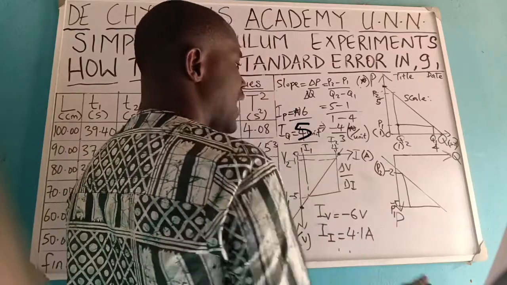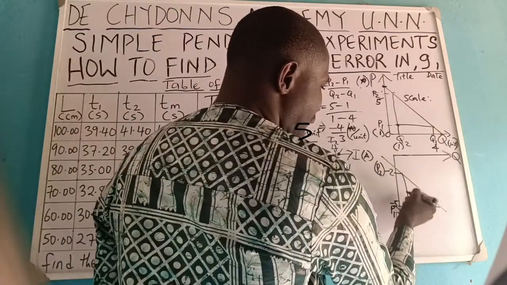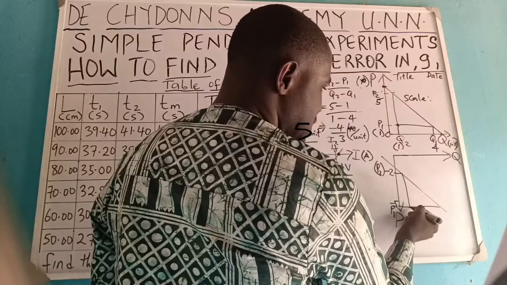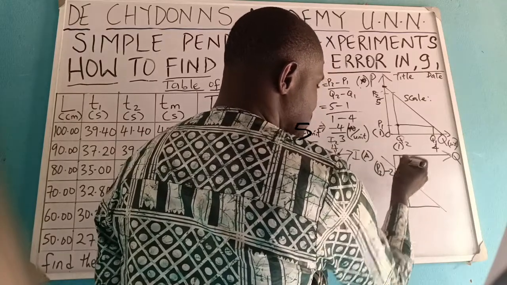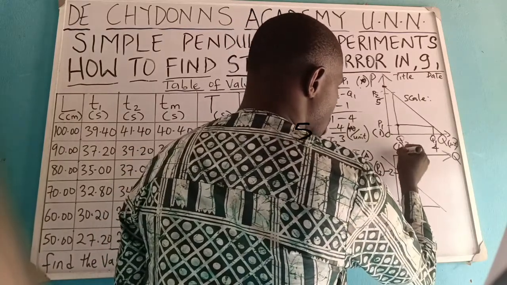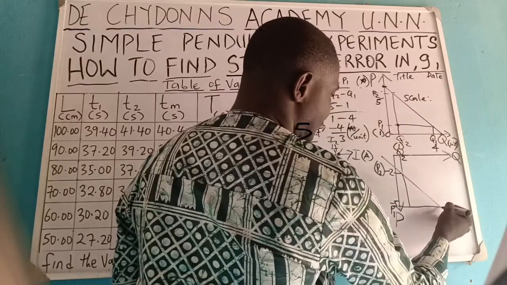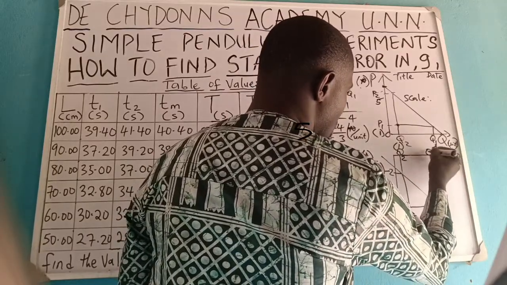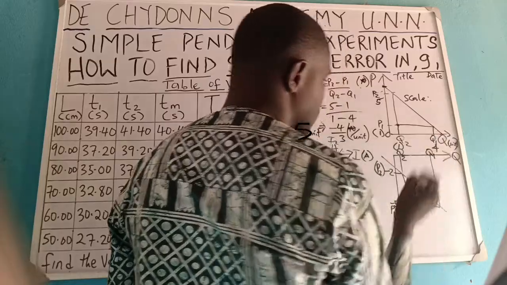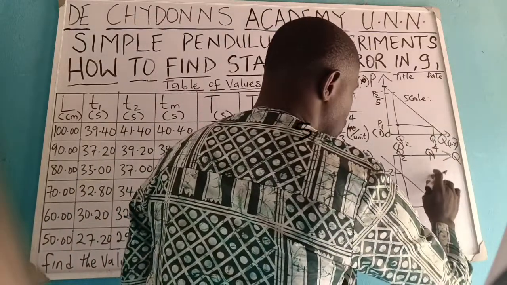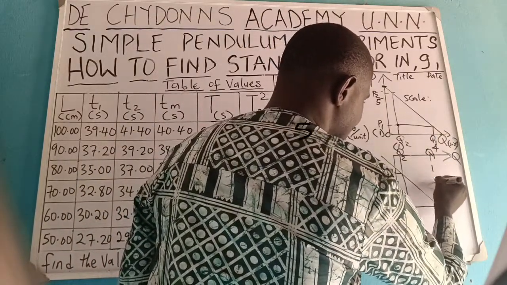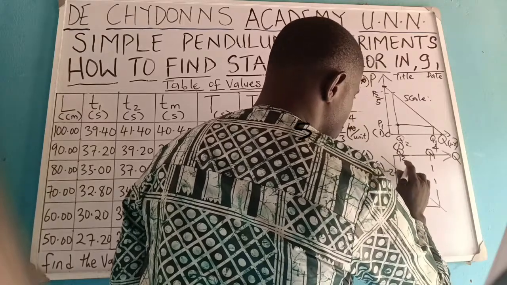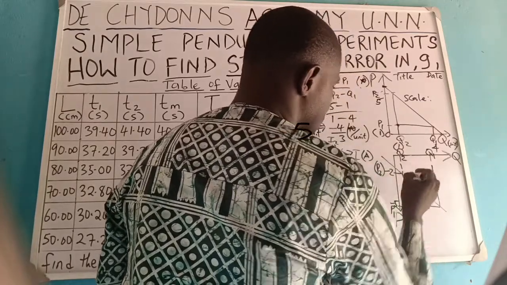Okay? Then you ask where the vertical and horizontal meet, they meet here. So you take it up like this. This will be your Q2. And this will be your Q1. You use a dotted line to do it. Don't use a thick line.